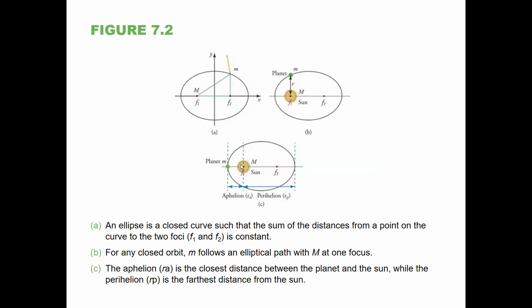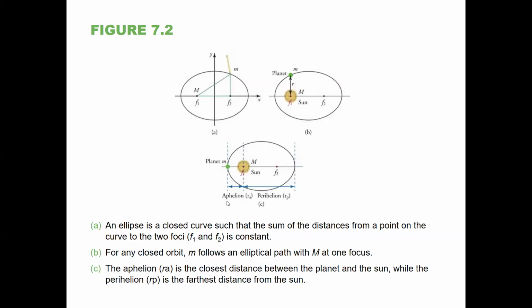So the orbit is not a circle, so there is no radius. We cannot say that at each moment in time, there's an instantaneous displacement that is equal from the center of the sun. That is not true.